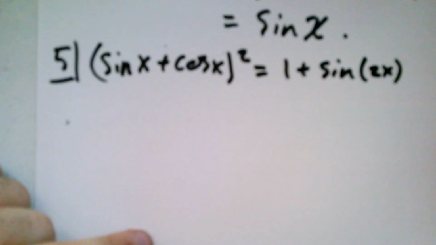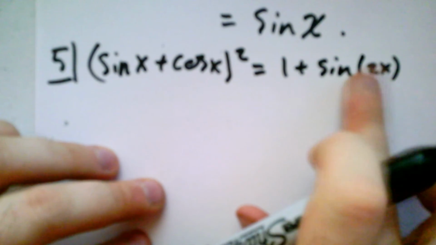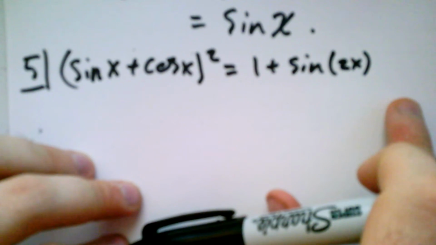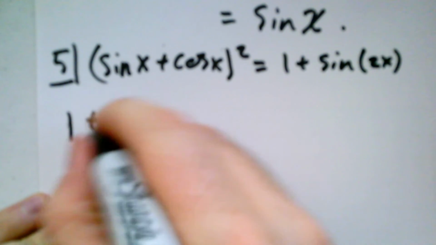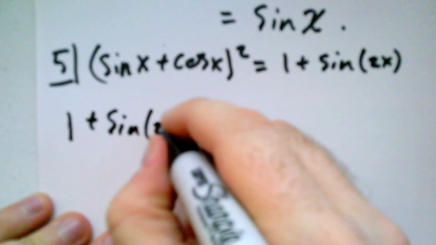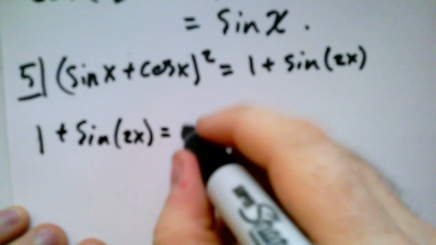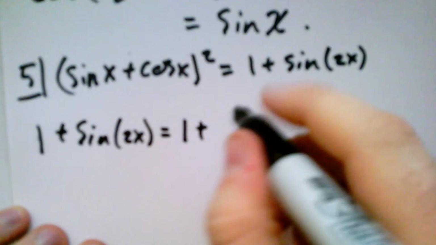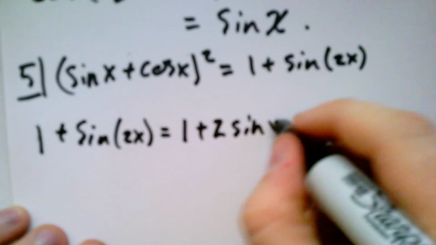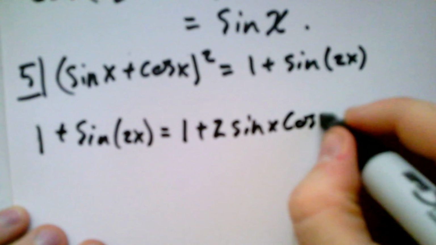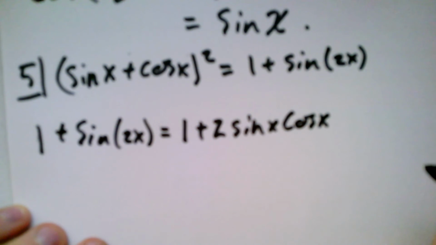Okay, so I'm going to work with this side here, the double angle formula. So we know that 1 plus sine of 2x is equal to 1 plus 2 sine x cosine x from our double angle formula.